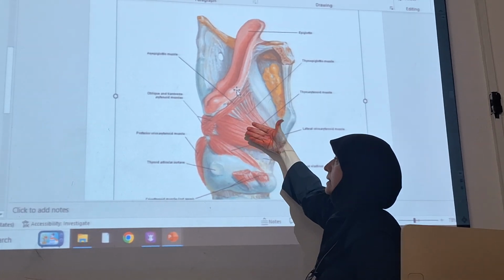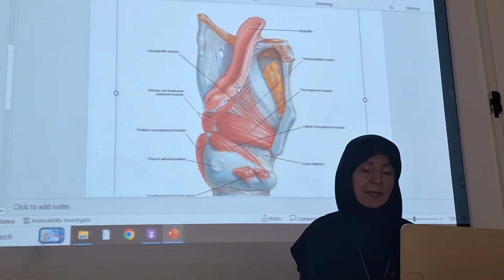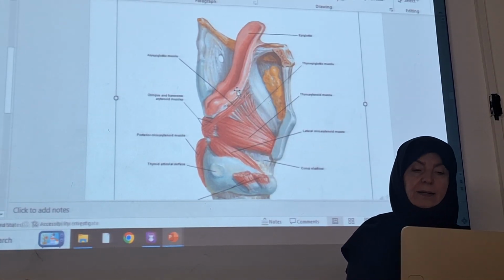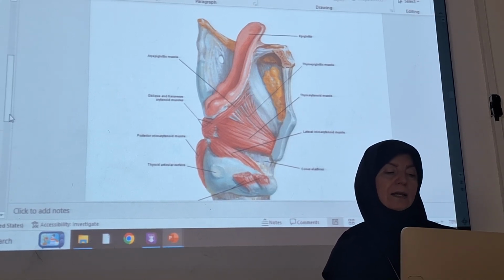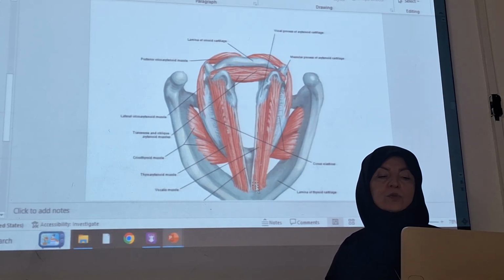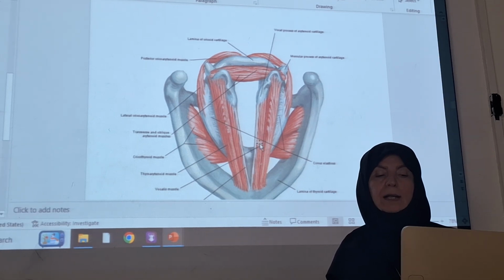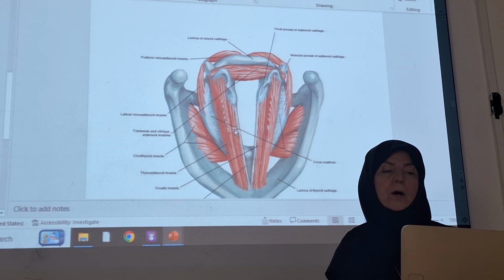Thyroarytenoid muscle. Deep to this part, you can find a muscle fiber we call the vocalis muscle. Here is the true vocal ligament, and this muscle fiber we call the vocal muscle.